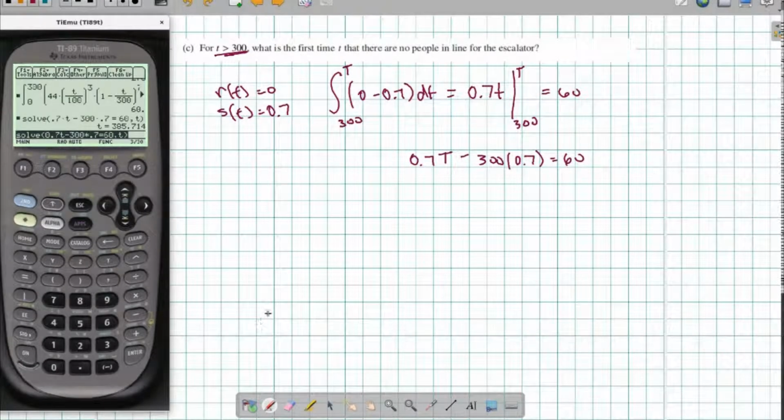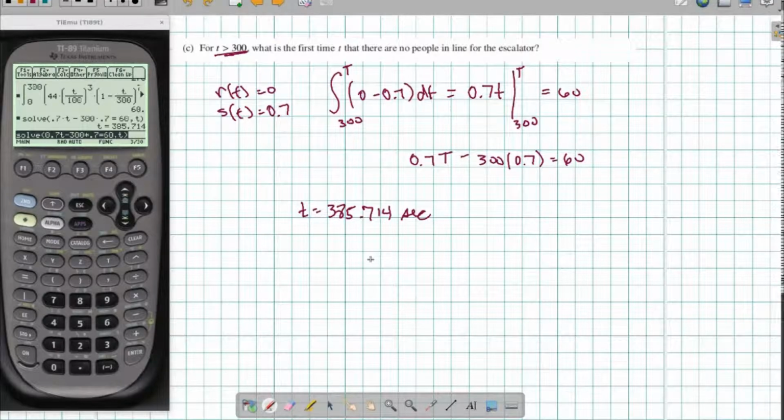And when I do that, I end up with t equals 385.714 seconds. So that's going to be the time that there's now no one on the escalator. It just takes 85 seconds for everyone to clear that off.